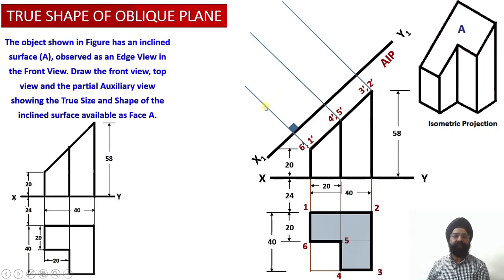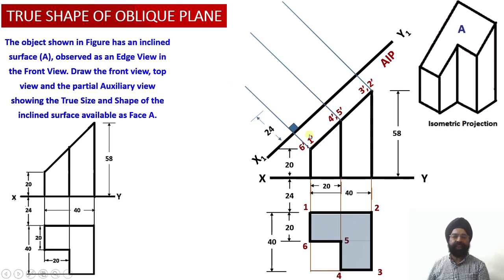So point 1 will be lying over here, whereas the projection of point 2 on the auxiliary plan will be lying over here. So let us mark the distance of 24 millimeter ahead of this auxiliary inclined plane. So the distance of point 1 and point 2 will be 24 millimeter from the auxiliary inclined plane.